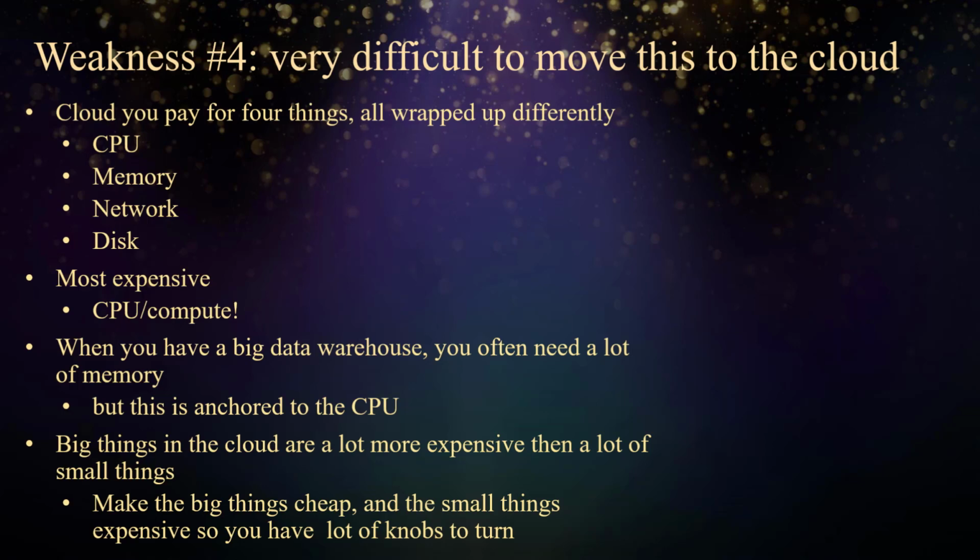But in this great big data warehouse, you have 10 years of data. It's massive, it's gigantic. And when you move that thing to the cloud and your decision makers say, hey, that thing's not fast enough, make it faster, you have this great big knob to turn to say, okay, that data warehouse used to cost me $5,000 a month, and now it's costing me $10,000 a month. And people notice bills that are that high.